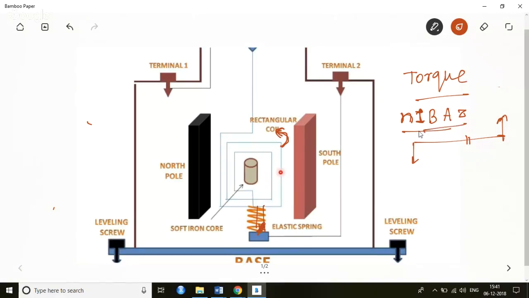This is not given in your book. I am explaining it from my side so that you can understand how I measure current. I know the number of coils in the conductor. I know what kind of magnetic field I am producing. I know the value of A. I just measure the value of theta here.